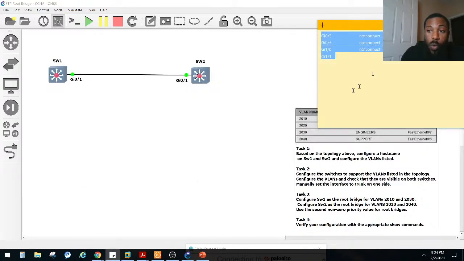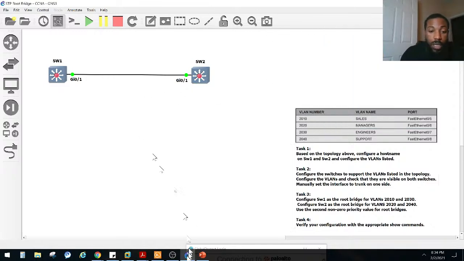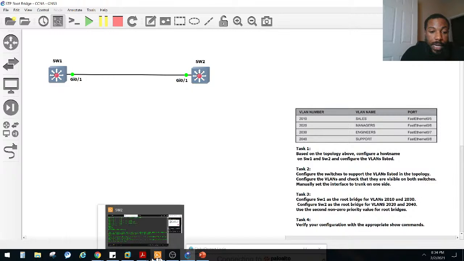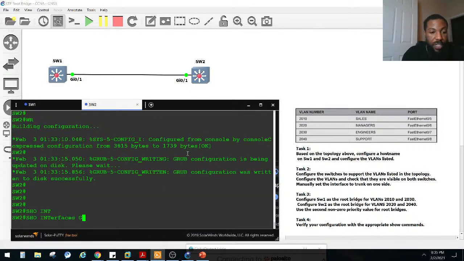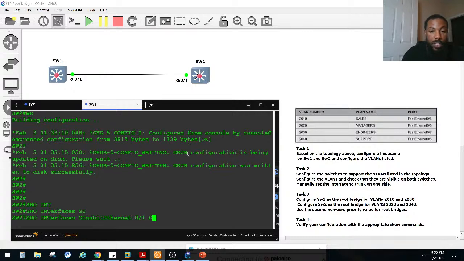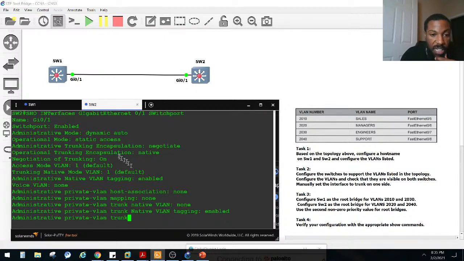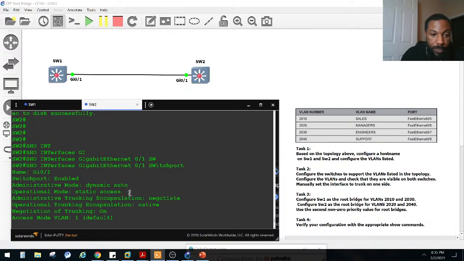So gig 0/1. I guess I can keep that as a note. Show interface gig 0/1 switchport. We can see he's set to dynamic auto, right? So it should negotiate.